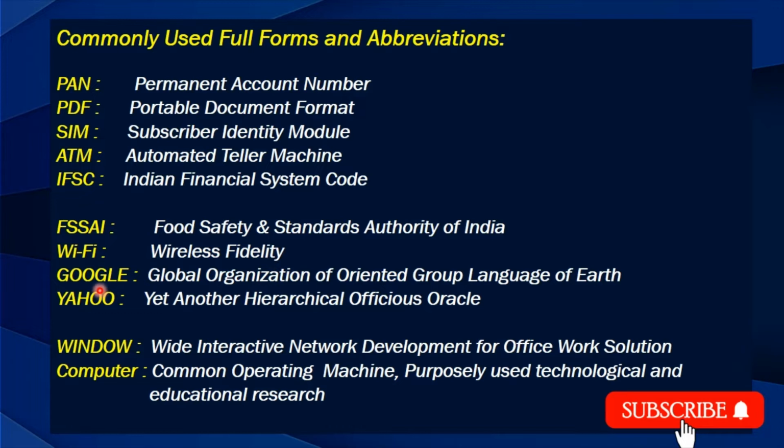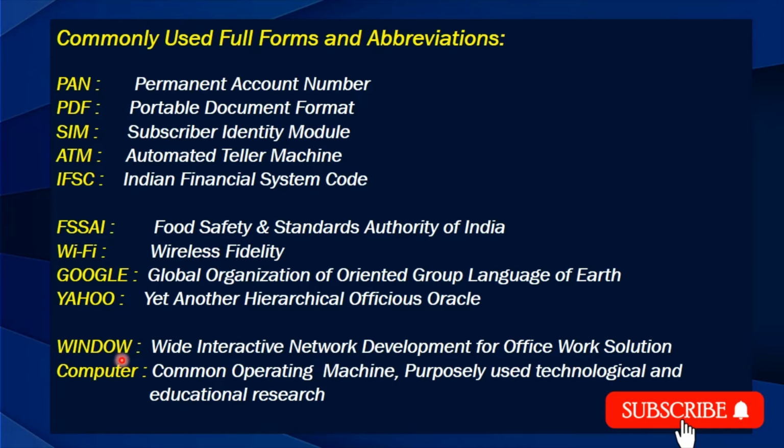Google, every day we are using this, so this is the expansion of Google, Global Organization of Oriented Group Language of Earth. Next one, Yahoo, this is also one of the search engines, so the expansion is Yet Another Hierarchical Officious Oracle.